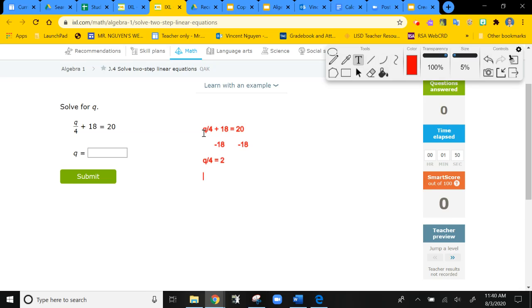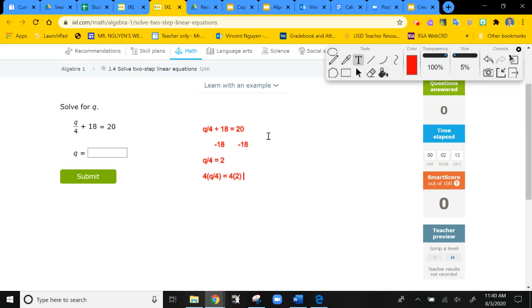If I want to undo dividing by 4, I would have to multiply by 4. So I would have to do 4 times Q divided by 4 equals 4 times 2.